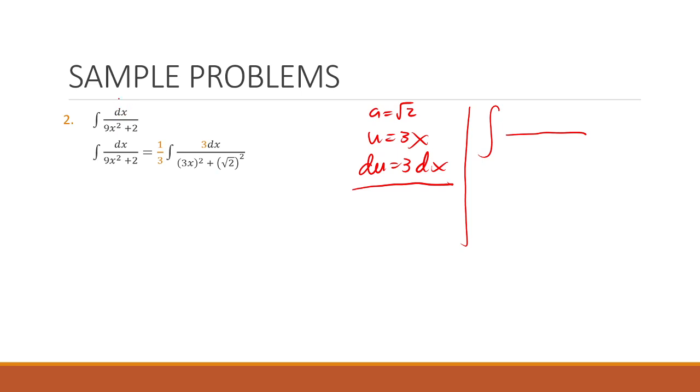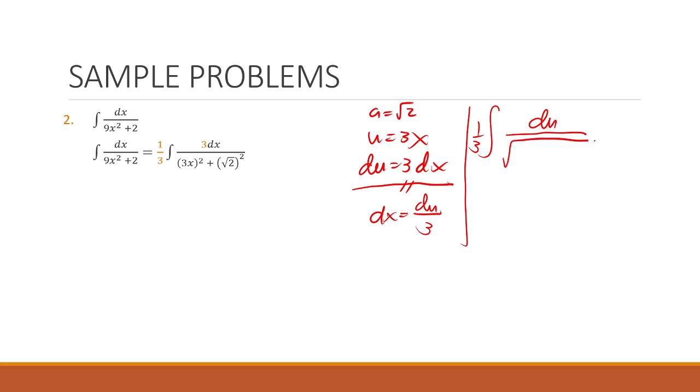If we express this in terms of u, then we have to convert this to du, using this equation. So dx from here is du over 3, or 1/3 du, right? Okay. So if we plug in du over 3, we can just simply factor out 1/3, right? Then du in the numerator.